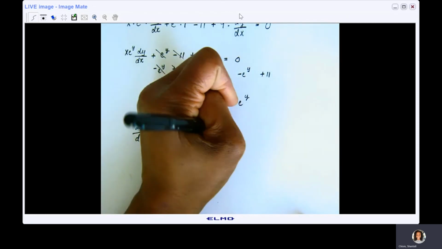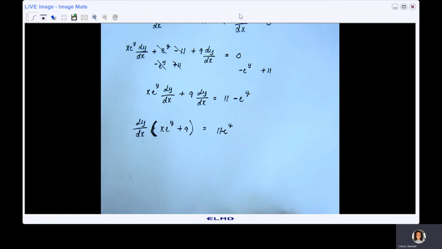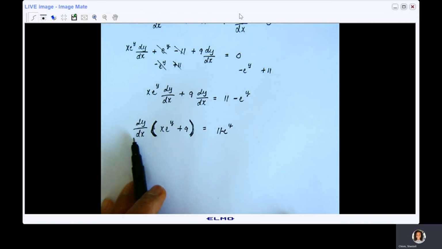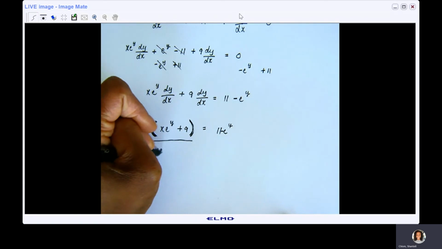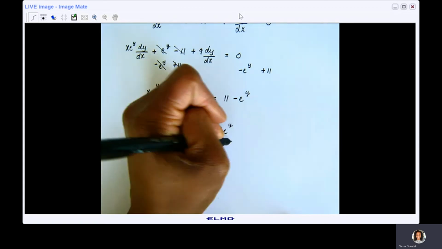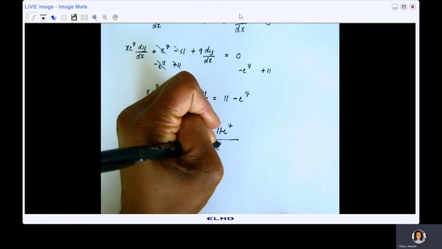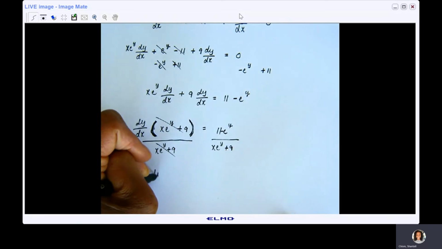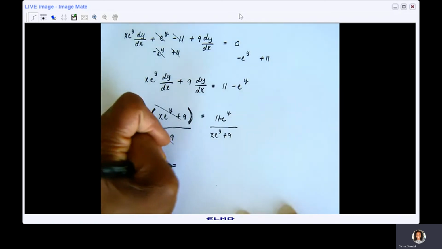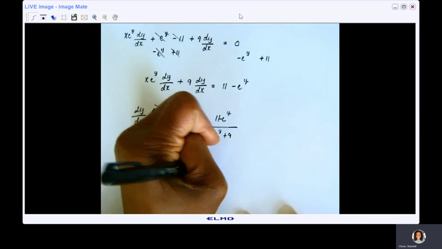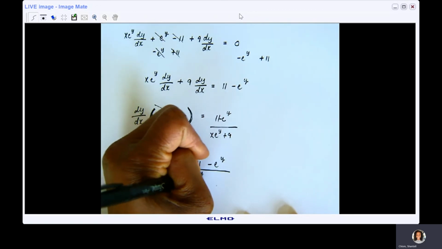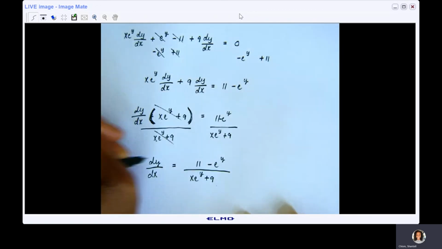And you still got 11 minus e to the y. Last step, get dy over dx by itself, and then divide out by x e to the y plus 9. So that cancels. dy over dx equals 11 minus e to the y over x e to the y plus 9.